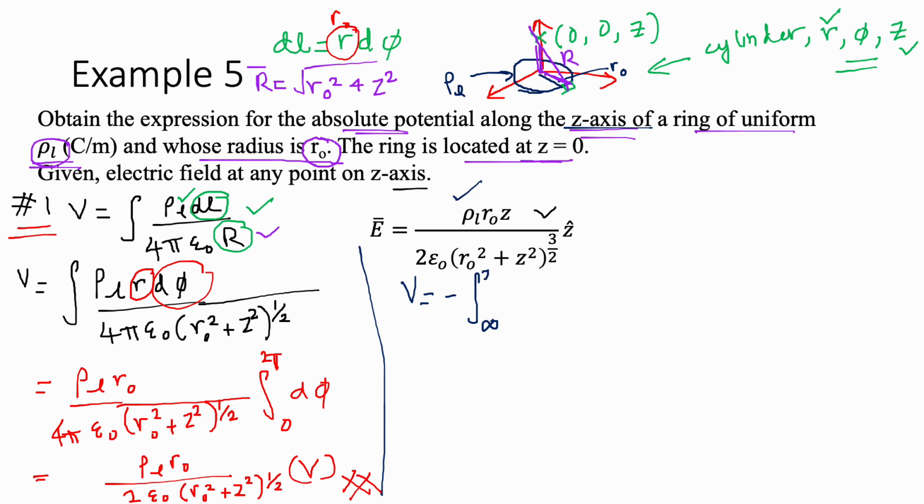The destination is at point z, and E is given as rho L r naught z over 2 epsilon naught, r naught squared plus z squared to the 3 over 2.